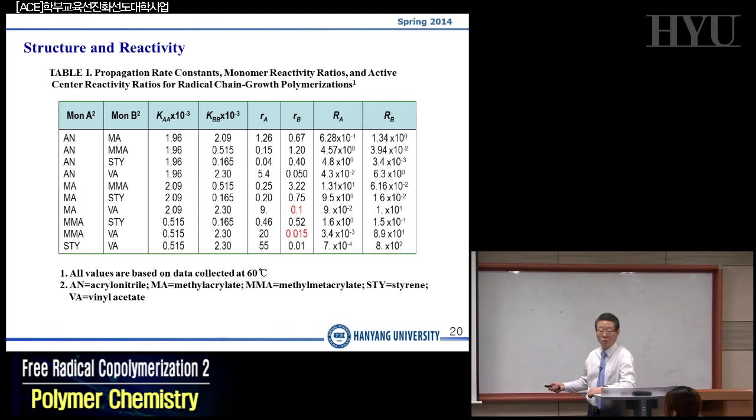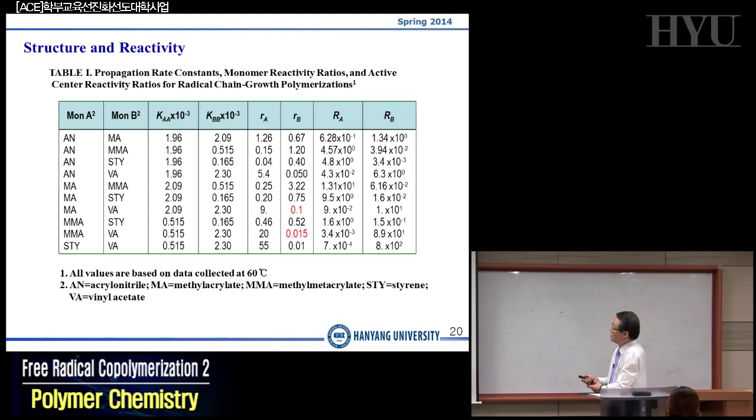So you see all those codes, right? Now, you fix the first monomer, but you change the second monomer. The KAA for the AN monomer system is about the same, but KBB is different in this case.